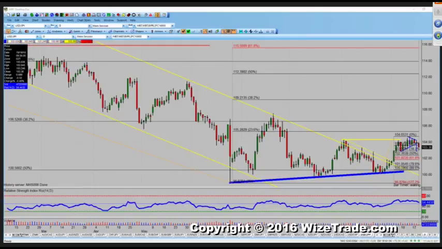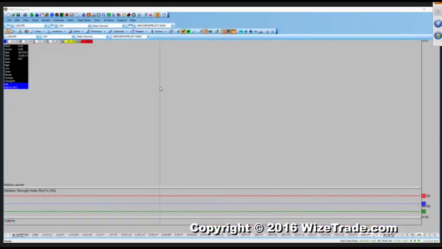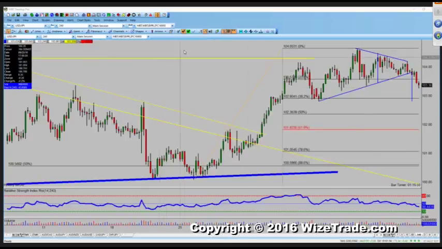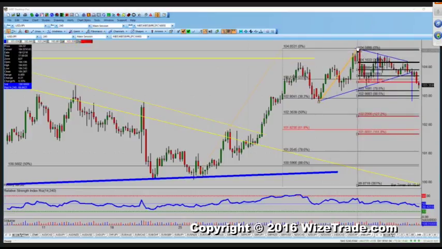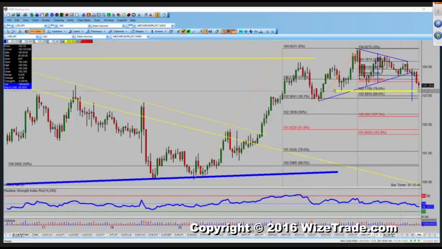That's the 786 of last week's range, and horizontal support right here."